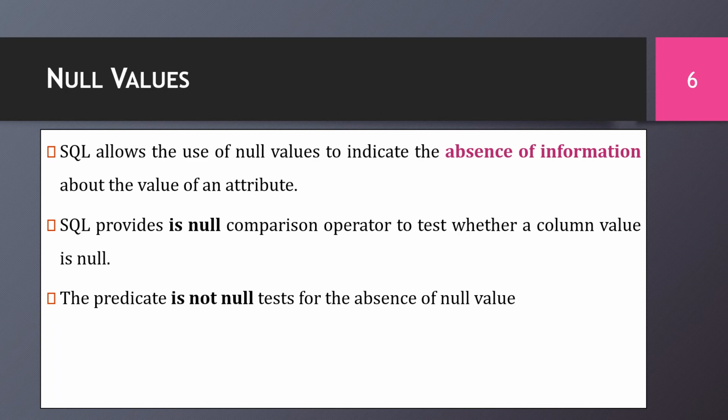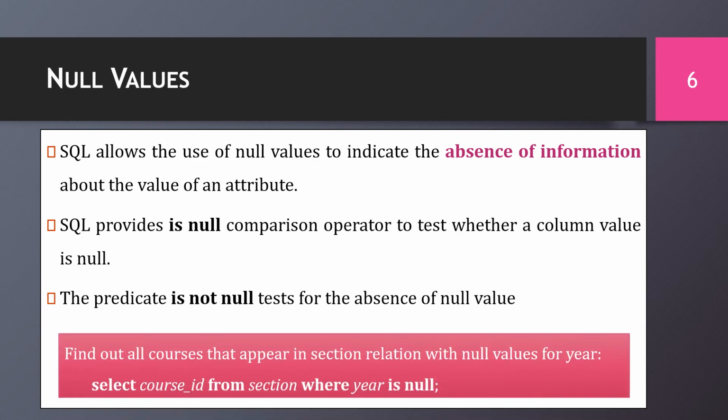So we can make use of this is null and is not null comparison operator to test whether the attribute value is null or not. For example, find out all courses that appear in the section relation with null values for year. The query is select course ID from section where year is null.